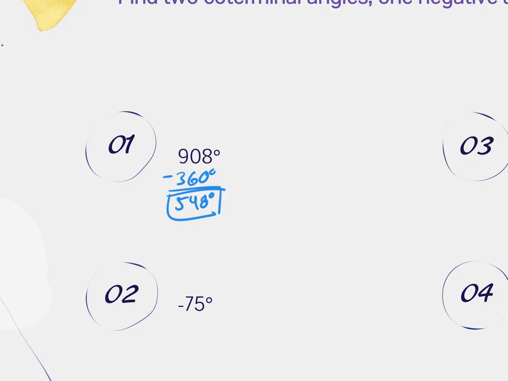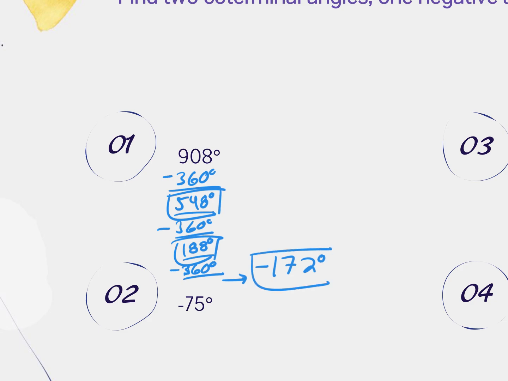If I subtract 360 again, that's going to get us 188, which is still positive. So you can use either 548 or 188 as your positive. It doesn't really matter. But you can subtract 360 again, and all of these angles that I'm writing down end up at the same spot. So when I subtract 360, you end up with negative 172 degrees, and that's our negative coterminal angle.